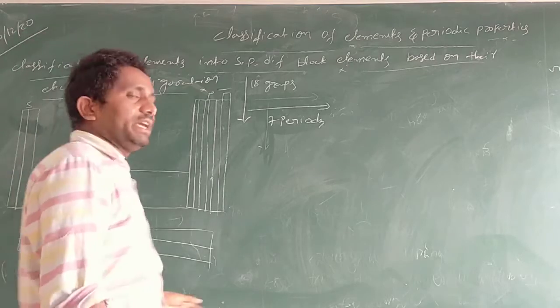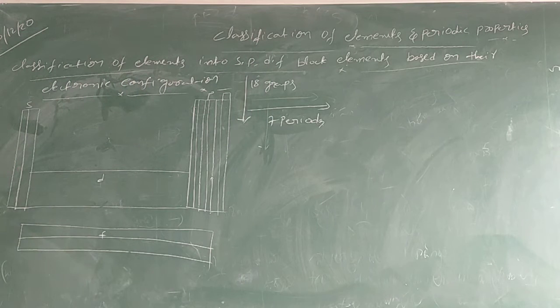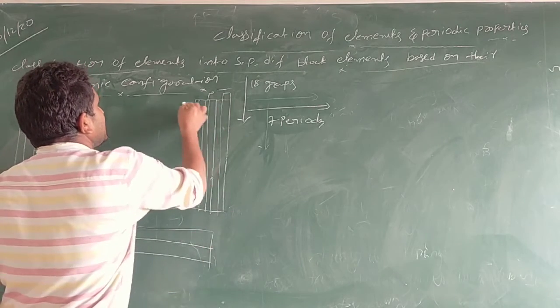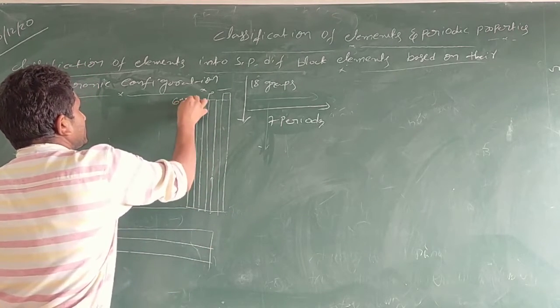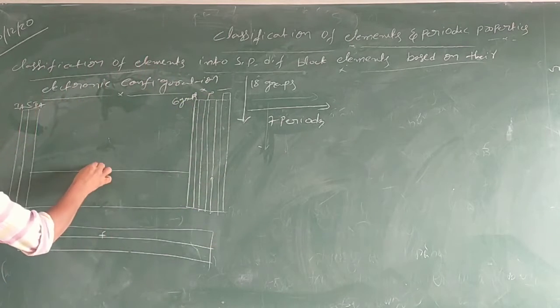S block contains only 2 groups, first A and second A. P block contains 6 groups, and D block contains 10 groups.